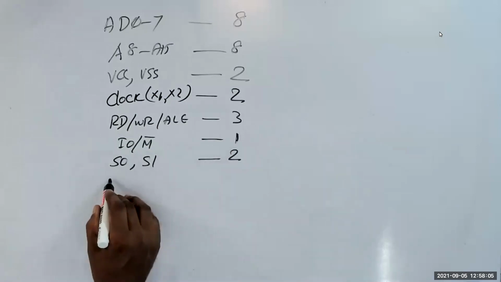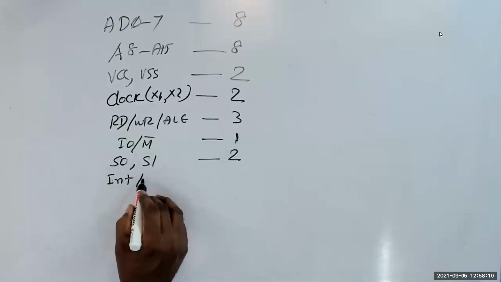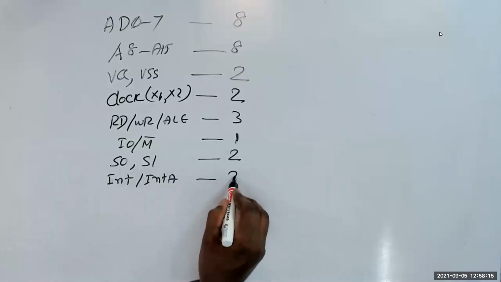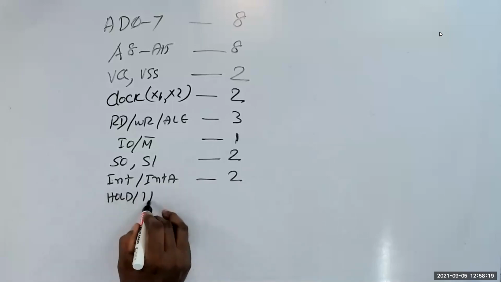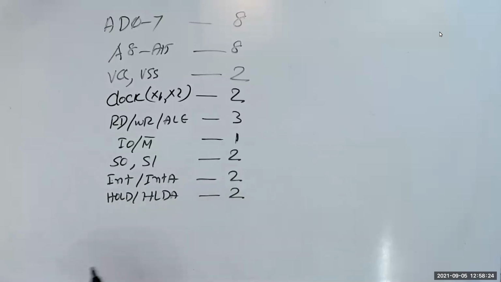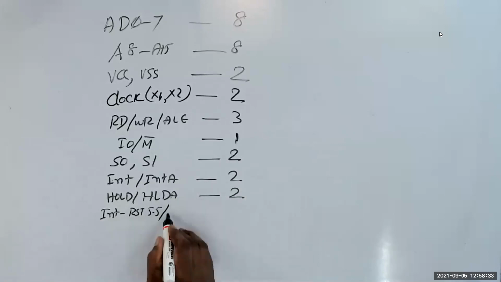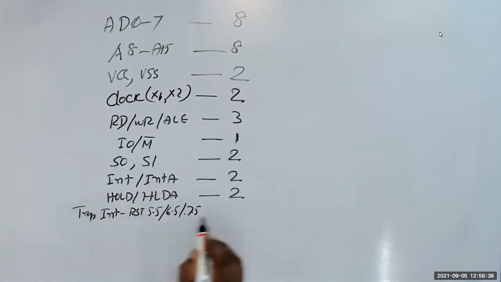Then you have interrupt acknowledge, 2 pins. DMA, hold acknowledgement, 2 pins. Then you have interrupts RST 5.5, I'll give you everything: RST 5.5, RST 6.5, RST 7.5, TRAP, 4 pins.